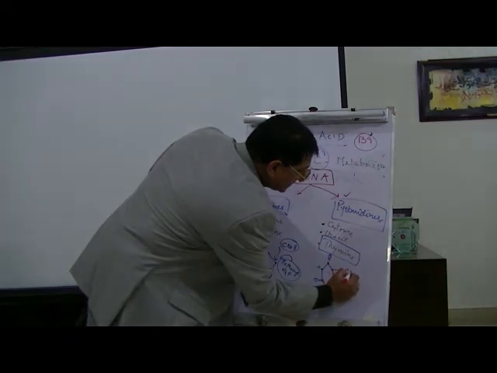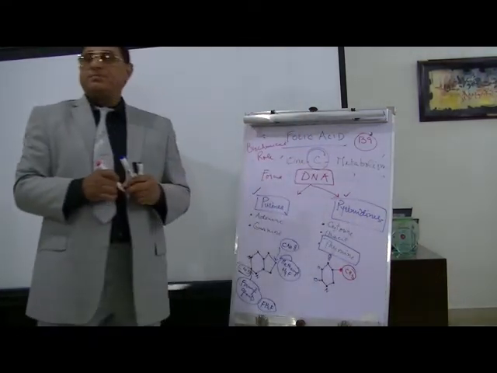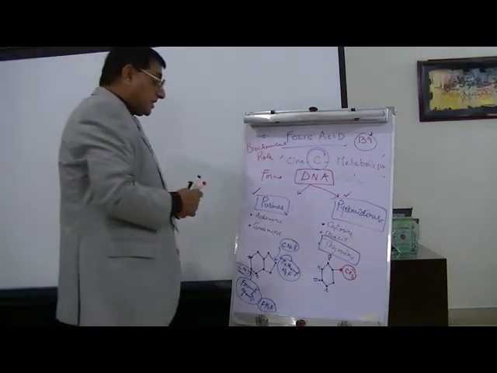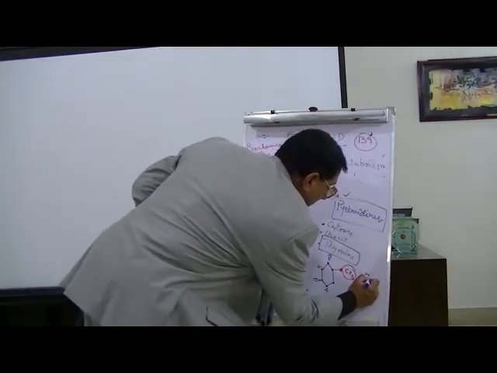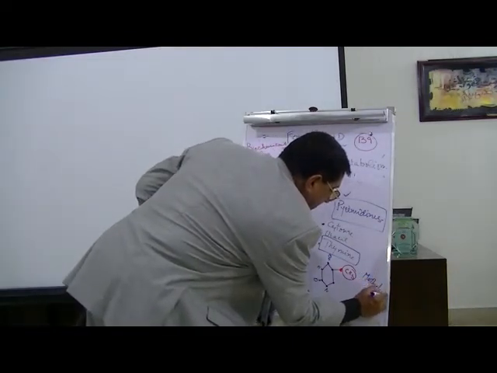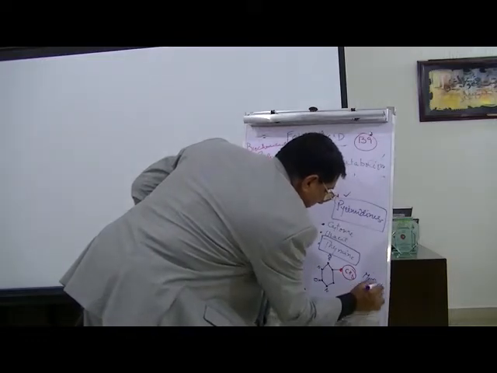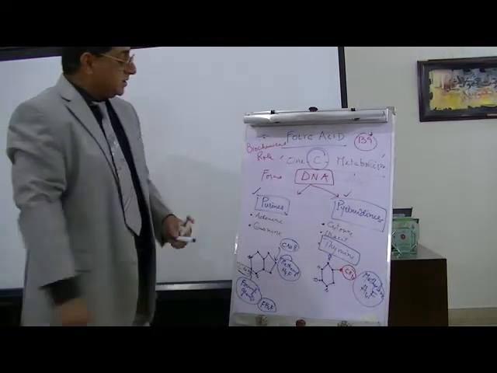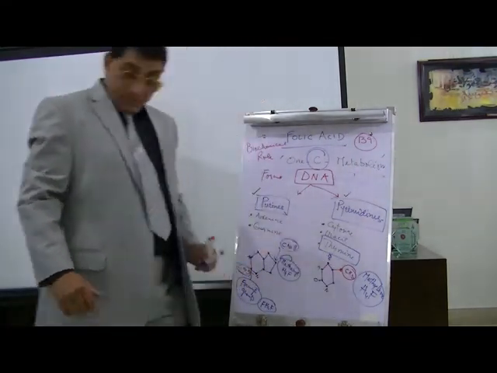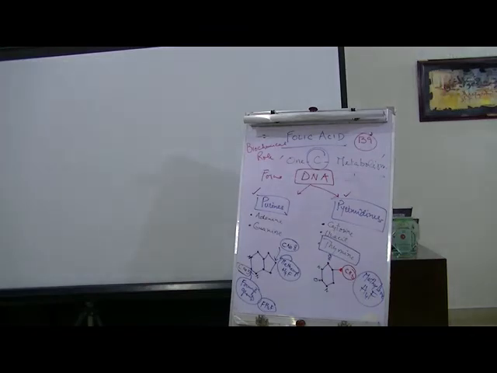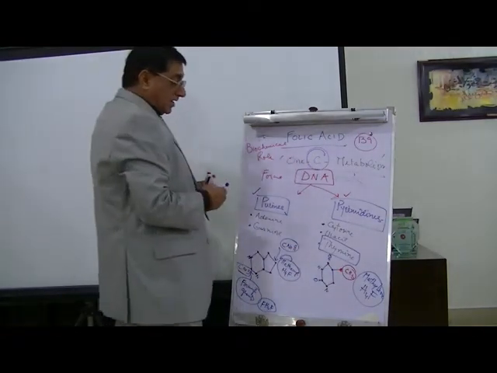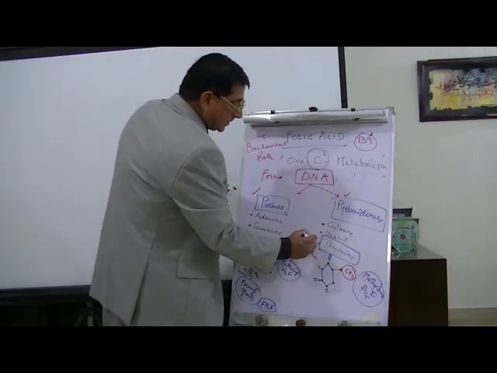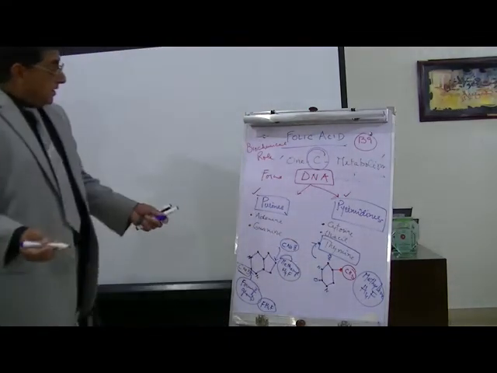This methyl group is provided by methylene tetrahydrofolate. This folic acid will take a methylene group, and via the methylene group it will provide carbon at this compound, thereby converting it into thymine.